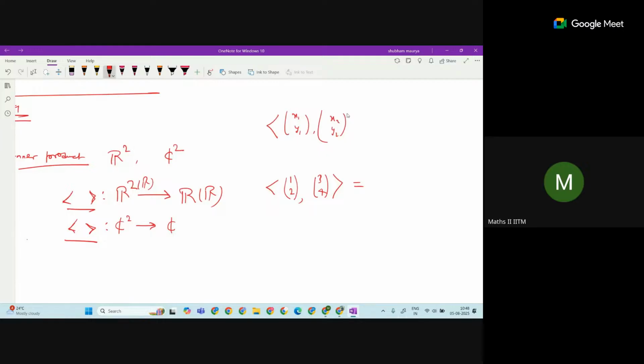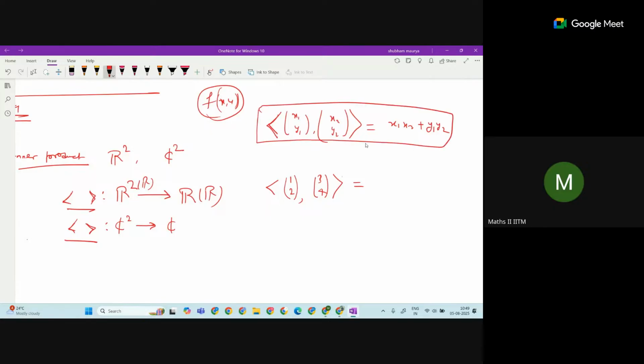This is the input to the function, as you know, x comma y. Now how is it defined? x1 x2 plus y1 y2. See how it is defined? In place of that, we just need to write the values. So anyone can solve now using this definition. What is going to be this value?